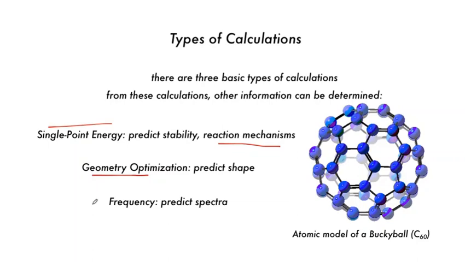Then we could compare that to the experimental spectrum that we got, and say, does this match up? Is this a reasonable geometry? Is this what the geometry is likely to be? And it can give us that additional clarity, that the calculation has a basis in experimental observation.